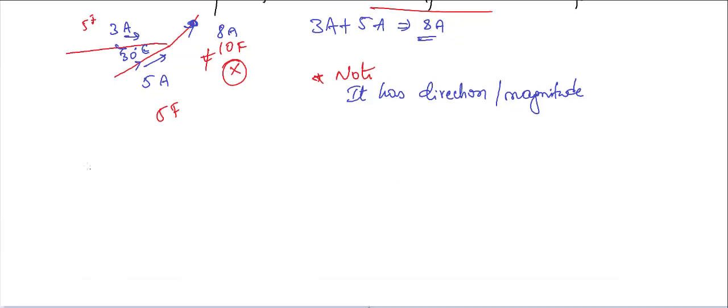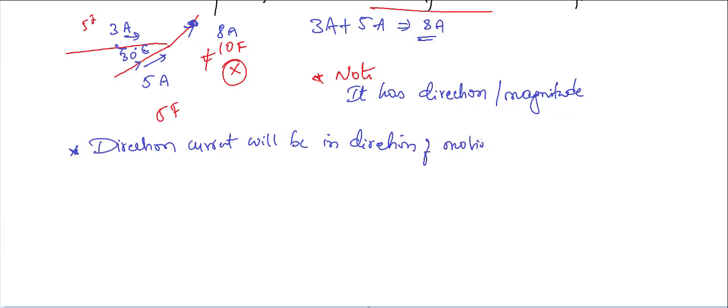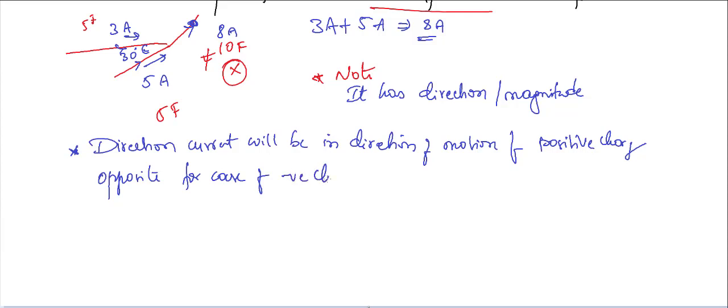One more important property is that we have to know in what direction the current is flowing. The direction of current will be in the direction of motion of positive charge. It will be opposite in the case of negative charge.